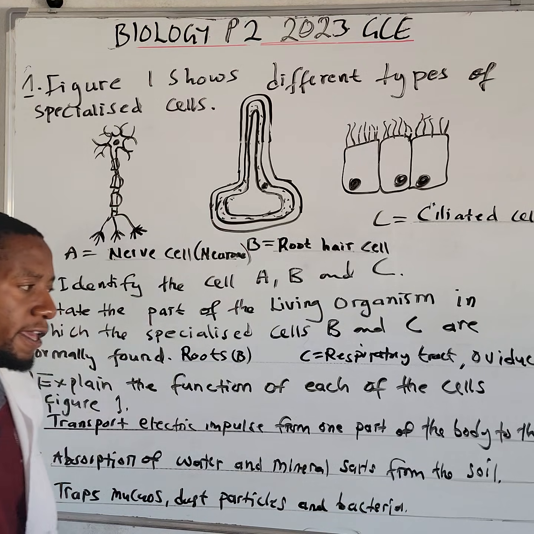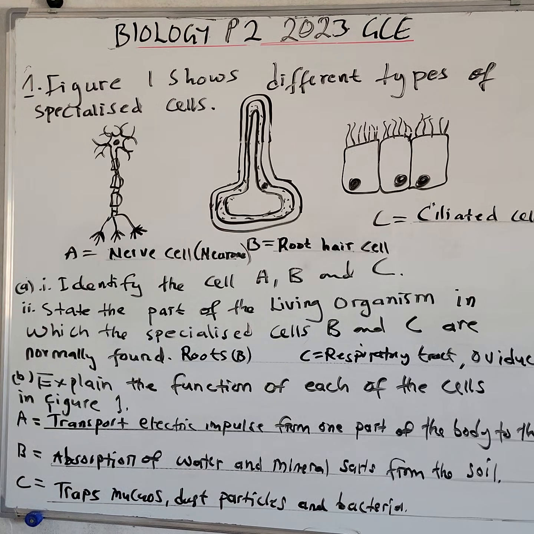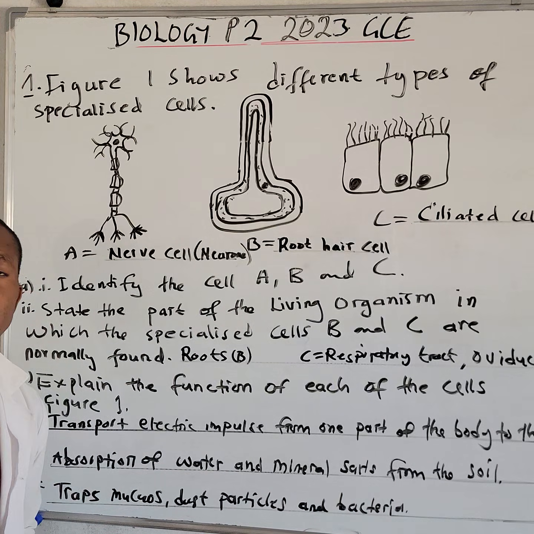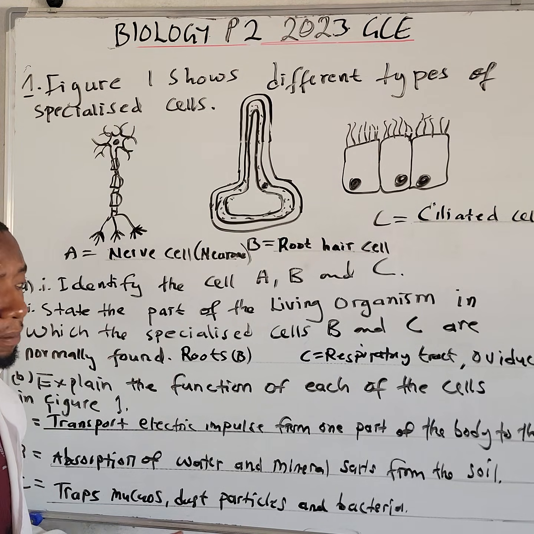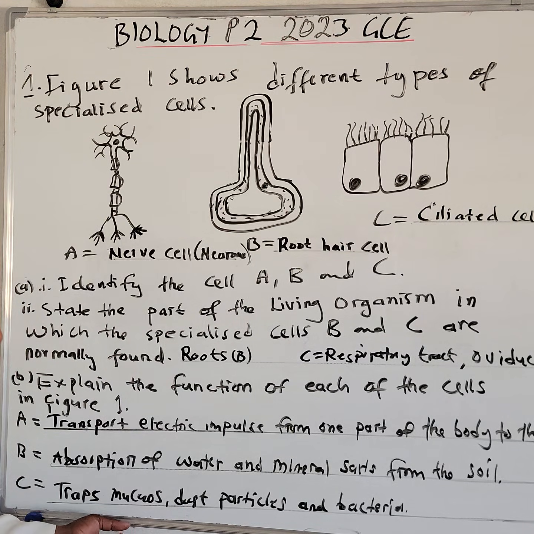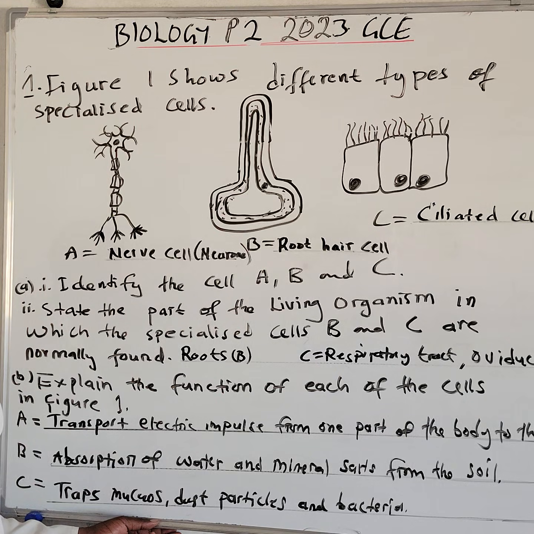When you look at the respiratory tract, this is the cell that traps the dust and bacteria. But when you look at the fallopian tube, it's a different function, like we said. So those are the functions of these specialized cells.